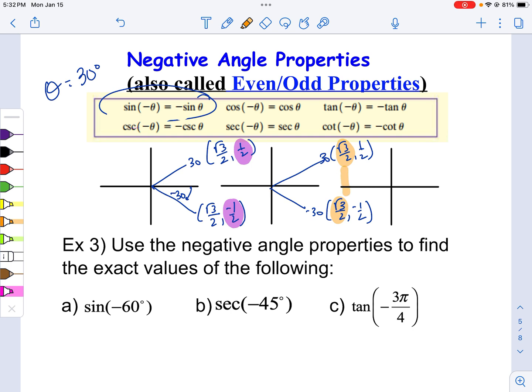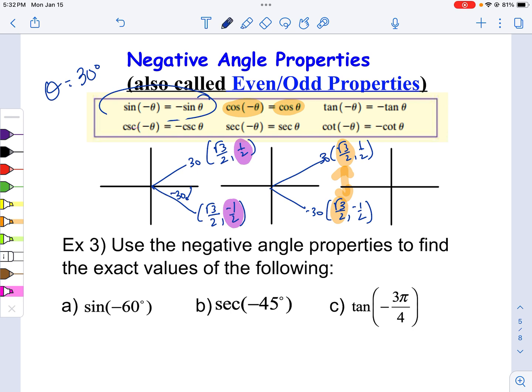So what do we know about these two values? Those two values are equal. So cosine of negative 30 degrees is the exact same as cosine of positive 30 degrees. And this works for 150 degrees, it works for 300 degrees, and then negative 300 degrees. All of these hold true for any theta or any angle measure that you would like to plug in.